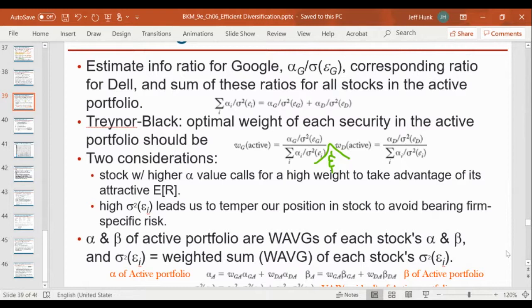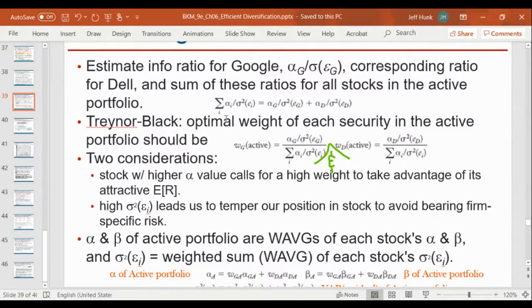Within the optimal risky portfolio, we had to determine the weight between the bond portfolio and stock portfolio. In the stock portfolio, we need to determine the weight between the passive and active. And within the active portfolio, we must determine the weight between Google and Dell. Makes sense?